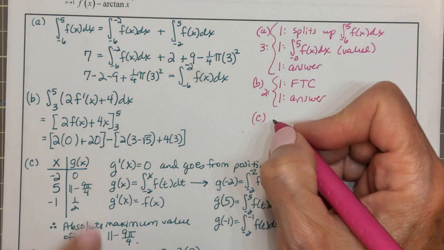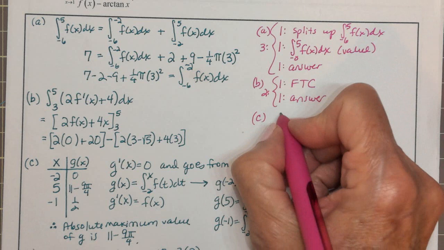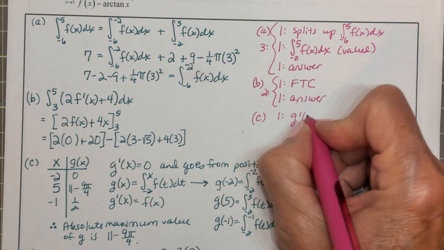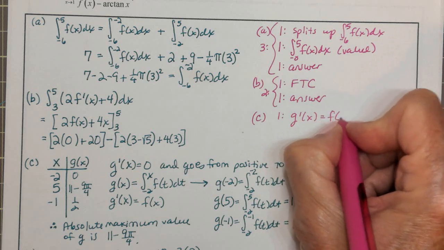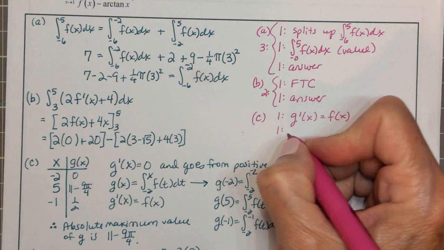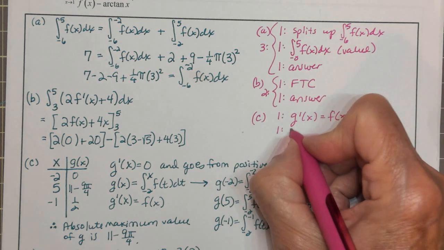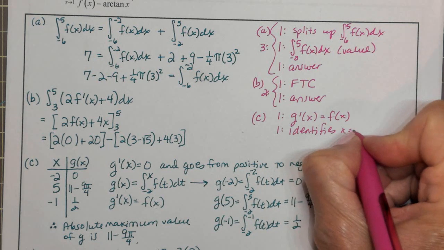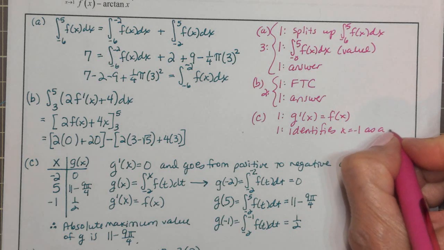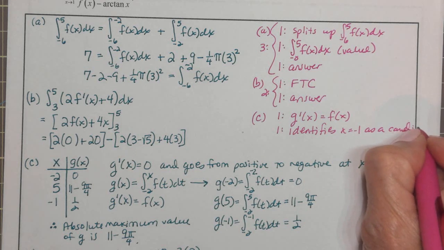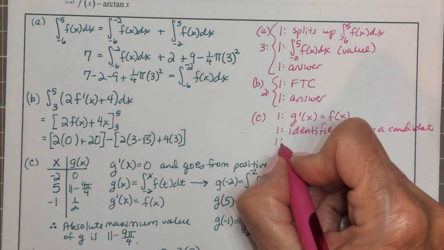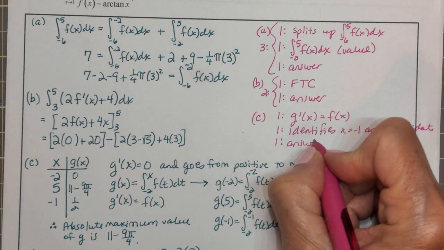Part C, let's see, part C was worth 3 points. 1 point was for saying that g prime of x is equal to f of x. 1 point was for identifying x equals -1 as a candidate. And then 1 point was for the answer with justification.